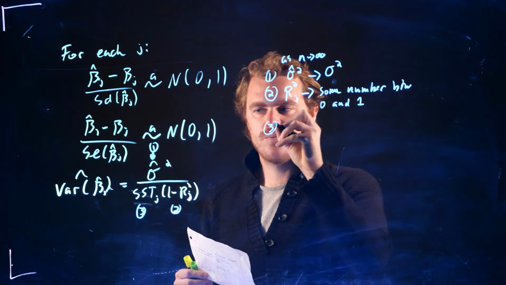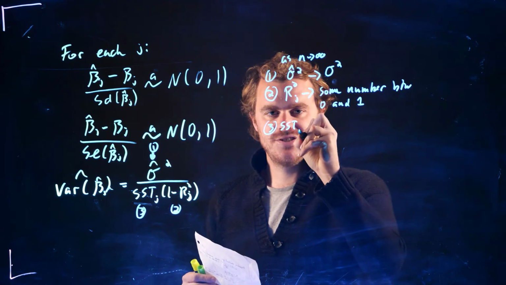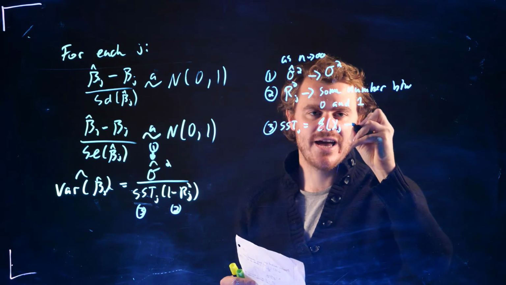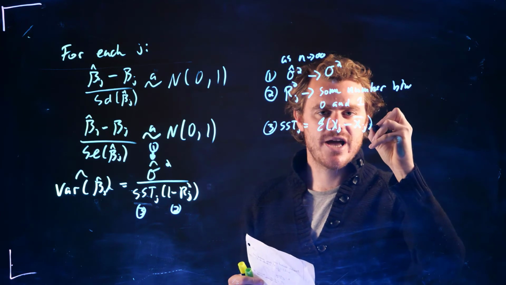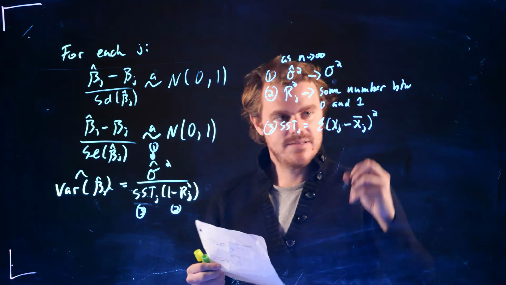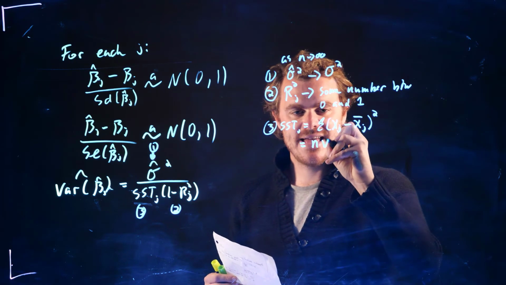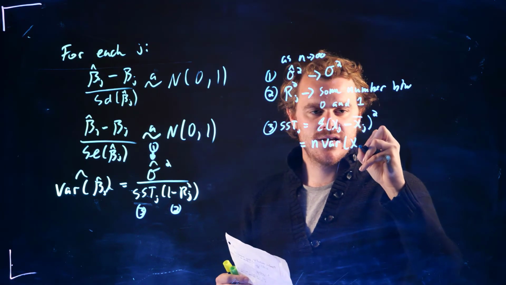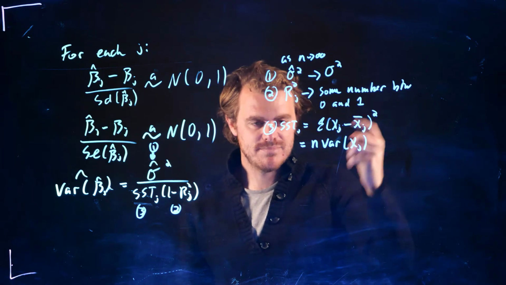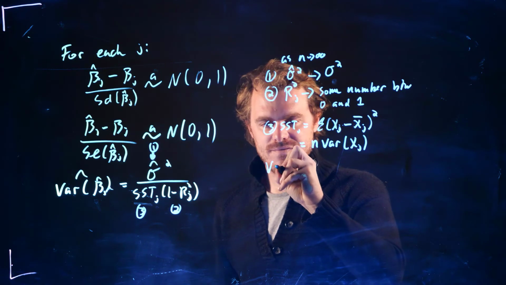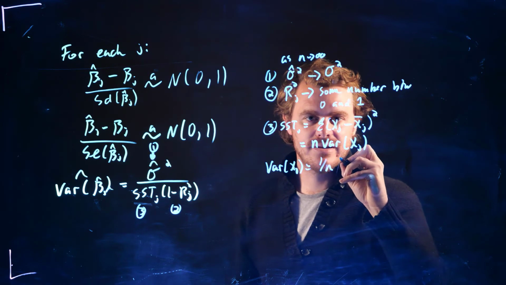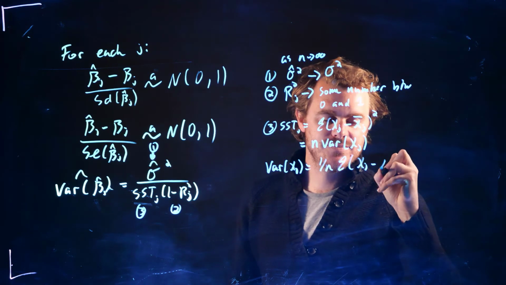And the third one, so let's remember, SSTj was equal to the sum of (xj minus x bar j) squared. Well, that equals n times the variance of xj. Maybe the way to see this is that the variance of xj equals 1 over n times the sum of all these things.